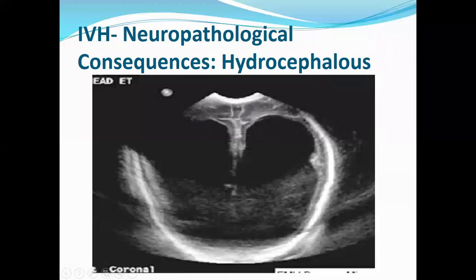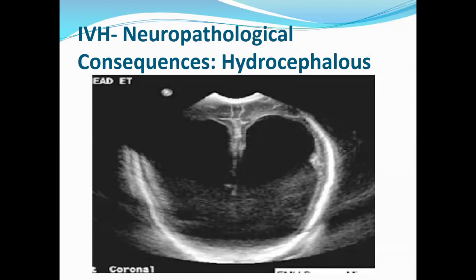The consequences of intraventricular hemorrhage: hydrocephalus. Grade 2 germinal matrix hemorrhage and grade 3 are usually mistaken because sometimes you can have a complication like hydrocephalus.